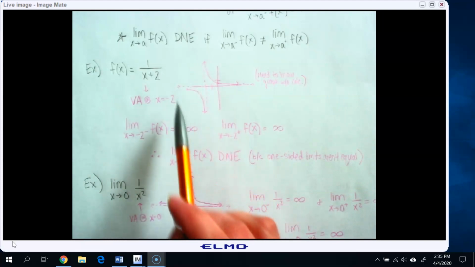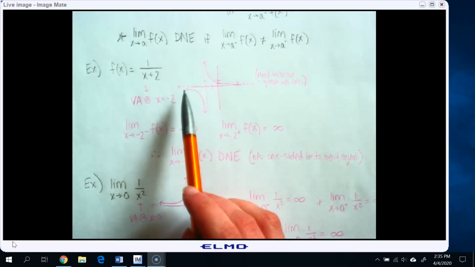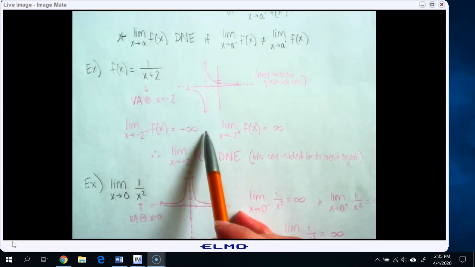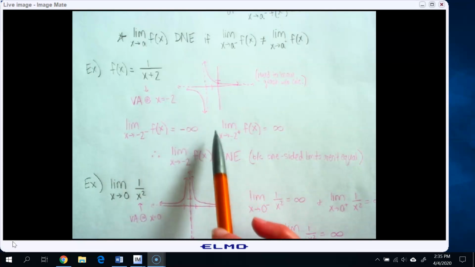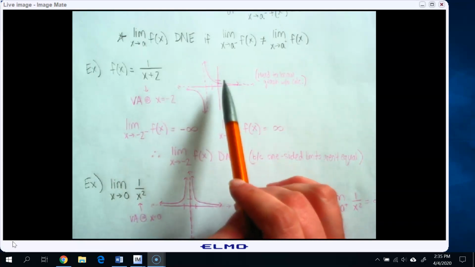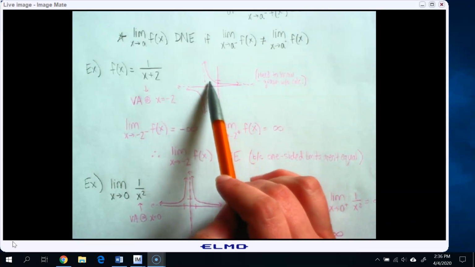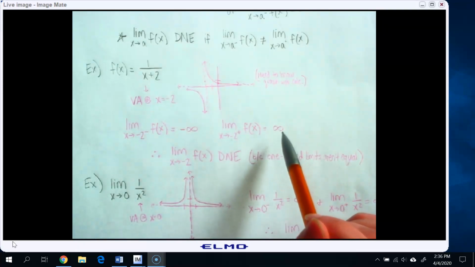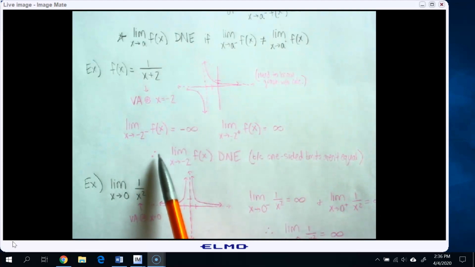Based on this graph that I've drawn, I can see that the limit as x approaches negative 2 from the left, where I'm drawing my pencil right now, is going down, down, down, so it's equal to negative infinity. The limit as x approaches negative 2 from the right, this part, is going up, up, up, so that would equal positive infinity. And these three dots just mean therefore.